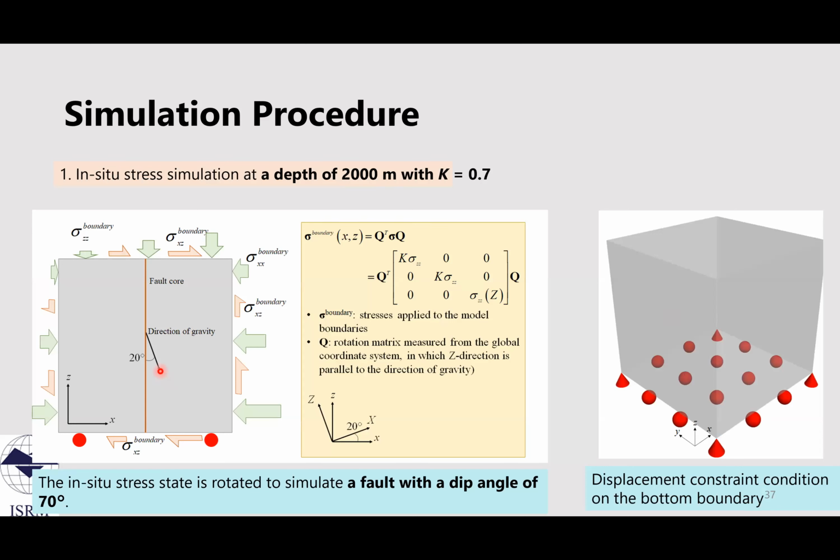As can be seen from this figure, the direction of gravity is not vertical. Accordingly, the stresses applied to the model boundary differ between the left and the right boundaries. And this is the bottom boundary condition. As can be seen at the 4 vertices, the displacement was fixed in order to prevent rigid movement.